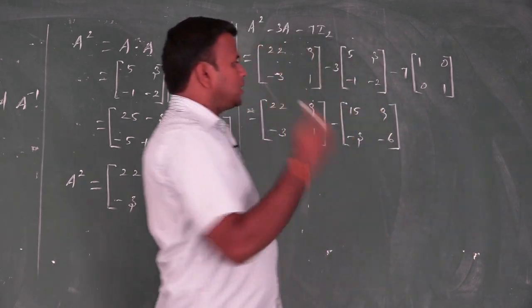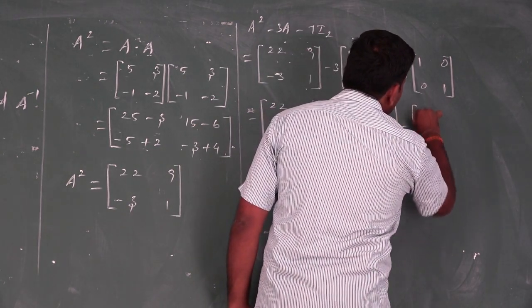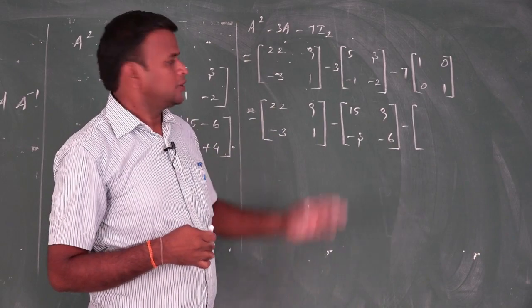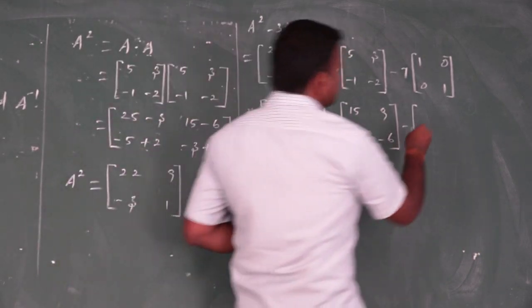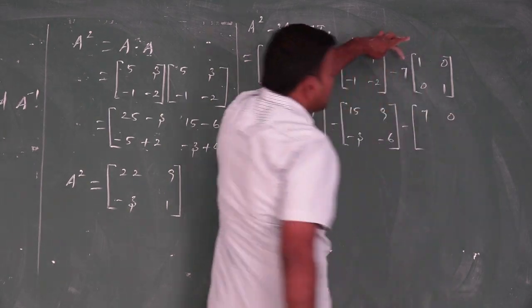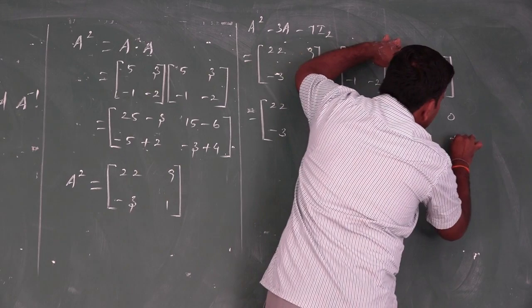Here also we do the same. I keep the minus sign outside and multiply the number 7 only inside: 7 ones are 7, 7 into 0 is 0, 7 into 0 is 0, 7 ones are 7.